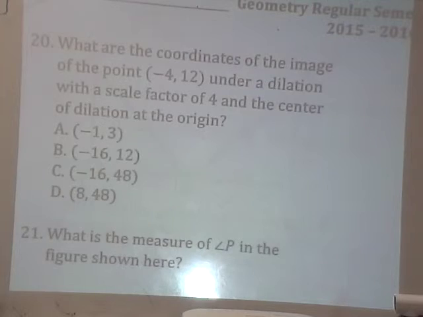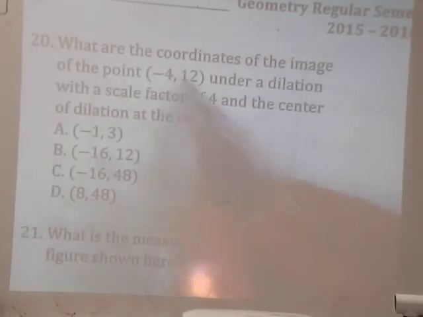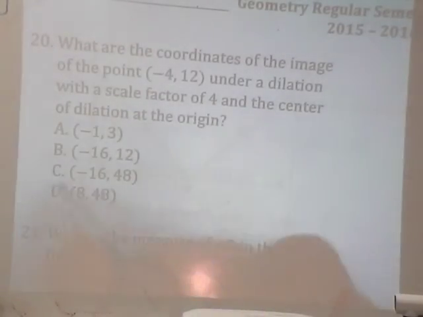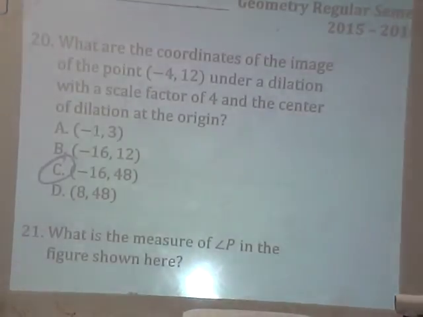So what would that be? C. Negative 16 and 48, so it'd be C. Any questions on 16 through 20?